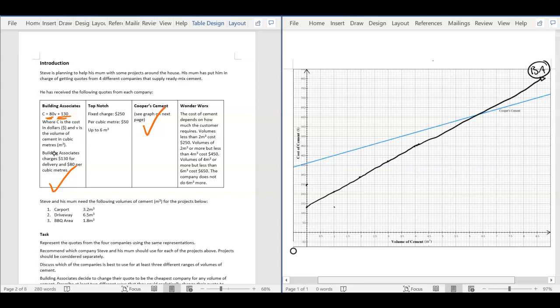We go across 1 and up 50, across 1 and up 50, and we carry that on all the way up until 6 here. And we can see that's where 6 is, and they don't do any more. We then connect those dots.